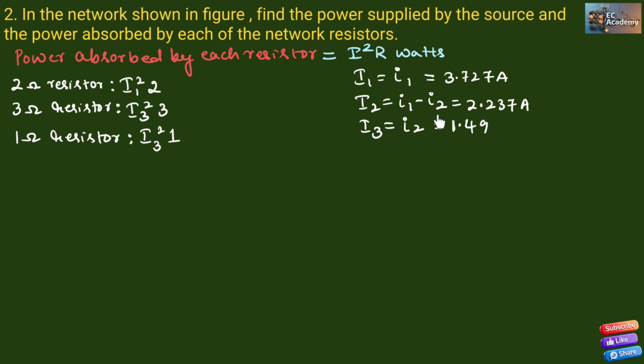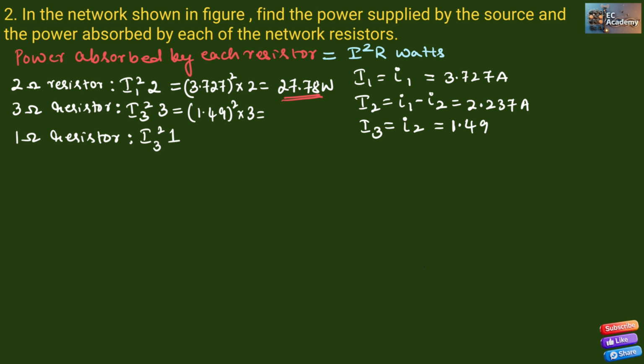Now if we substitute these values here, the power absorbed by the 2 ohm resistor will be 3.727 squared multiplied with 2. So that will be equal to 27.78 watts.